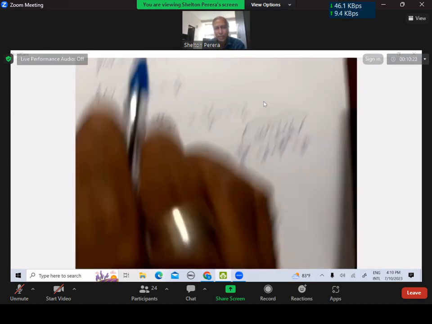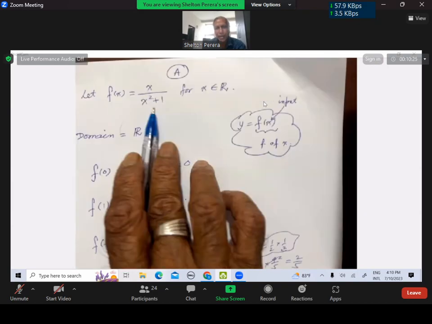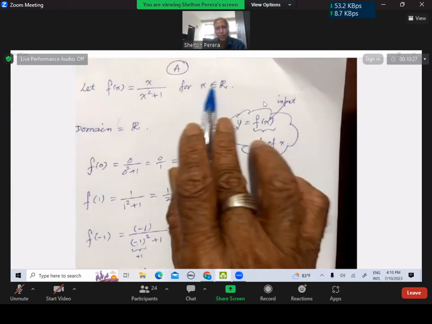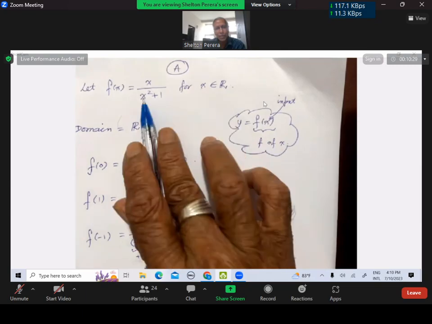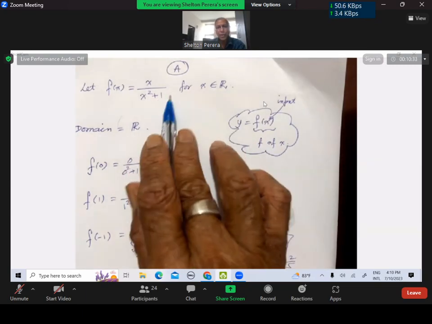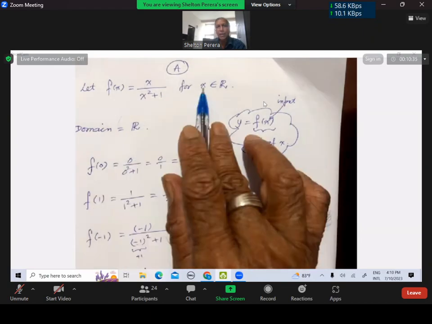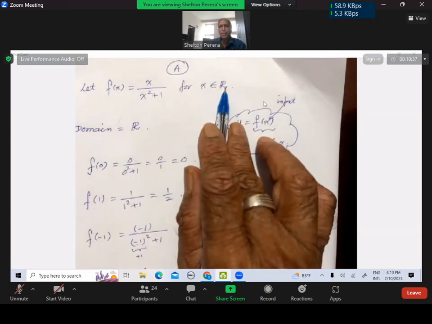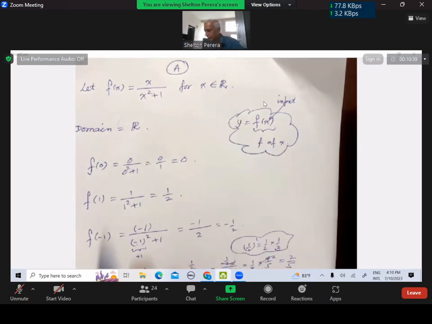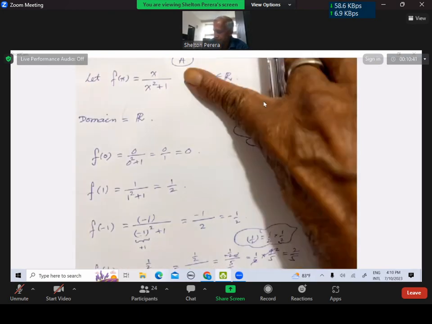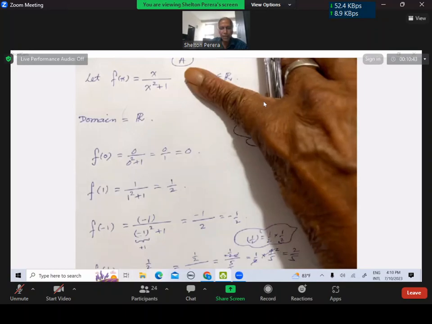For this rule, we have already said x belongs to R. So any real number is a valid input for this rule. So the domain is the set of all inputs, that is R. If that is not given, how do we figure out the domain?